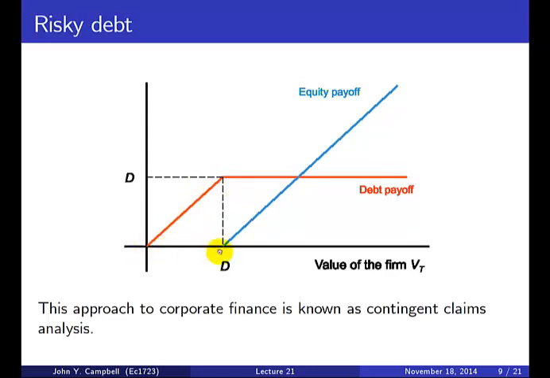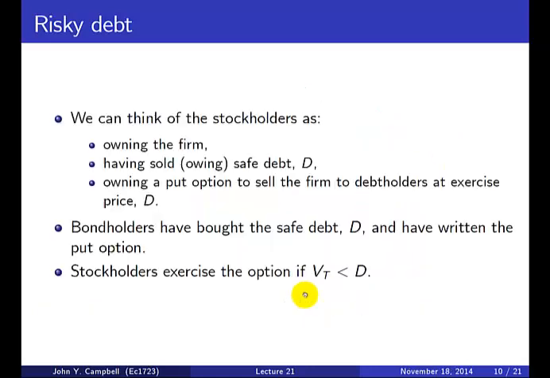The stockholders, on the other hand, get nothing if the final value of the firm is below D, and then above D, it's a 45-degree line. This way of thinking about corporate finance is known as contingent claim analysis, and hopefully you can see from these payoff diagrams that, in fact, debt holders and equity holders, when there's this risky debt, they implicitly have options.